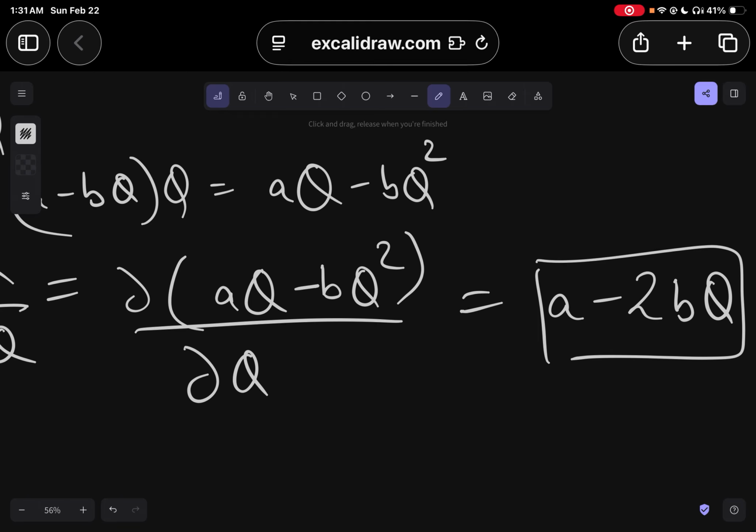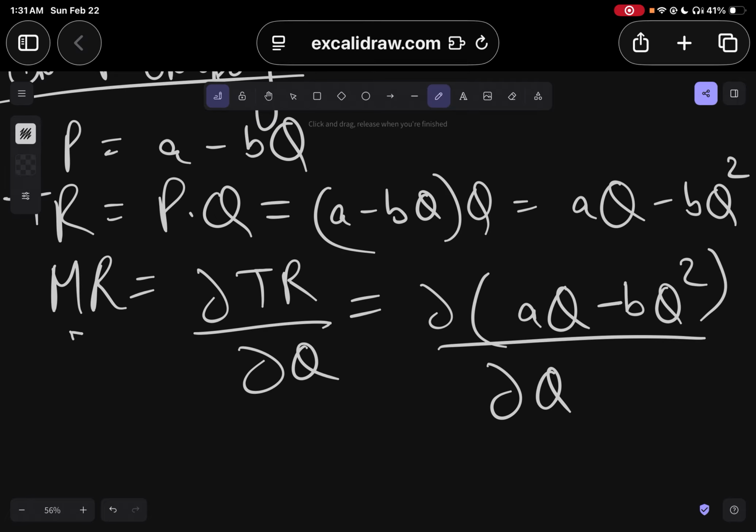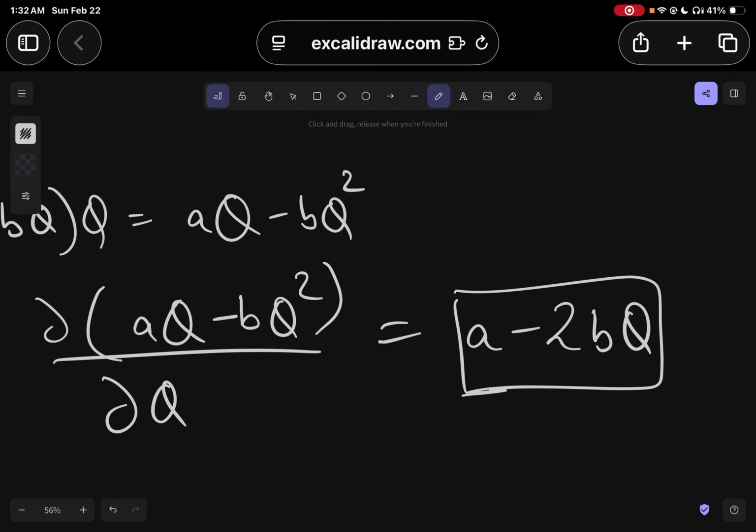Now in equilibrium, obviously MR is equal to MC. So this was MR in case of monopoly.